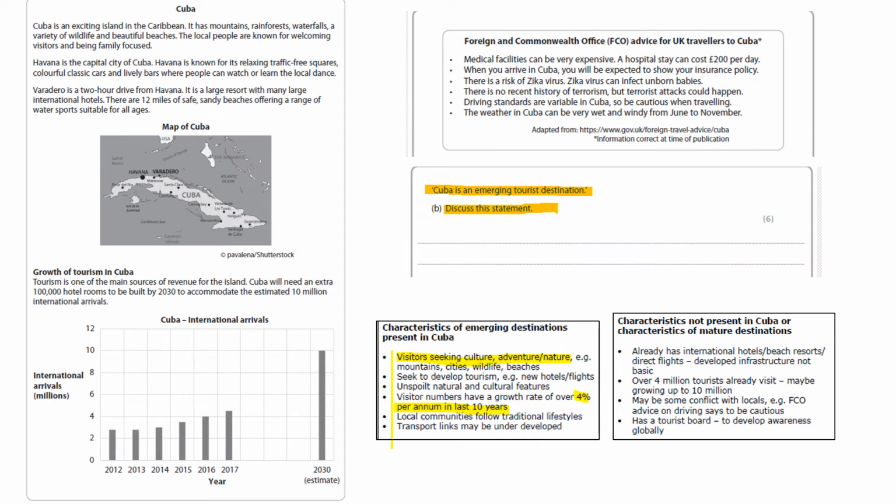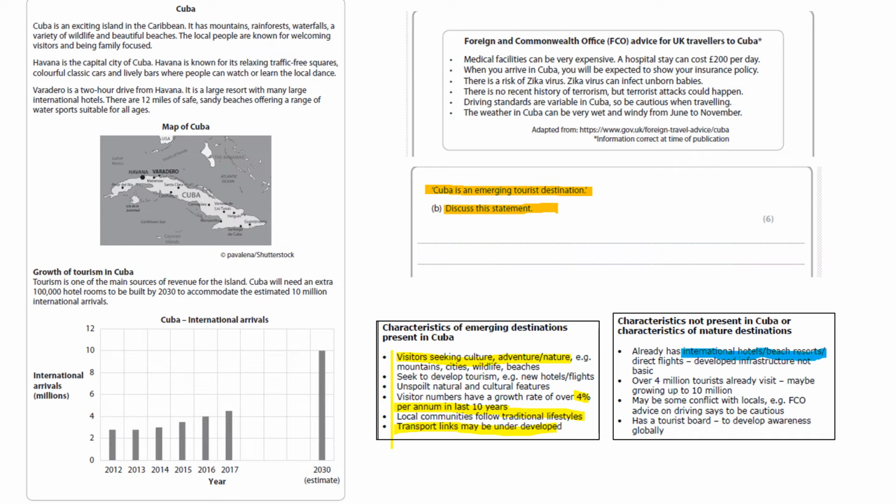They're going to use data there. It's got traditional lifestyles. It's got fairly poor transport links. So there's lots of things there which suggest that it is an emerging destination. However, there are also characteristics that suggest that perhaps it's not an emerging, perhaps it's a mature destination. So, for example, it's already got international hotels and beach resorts.